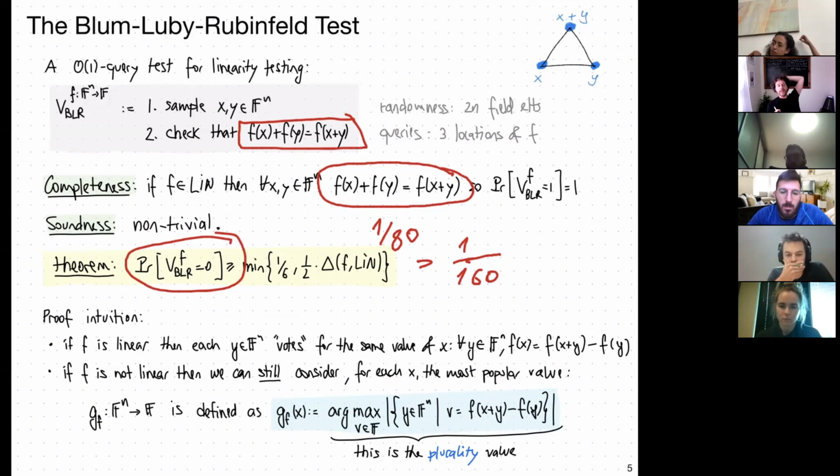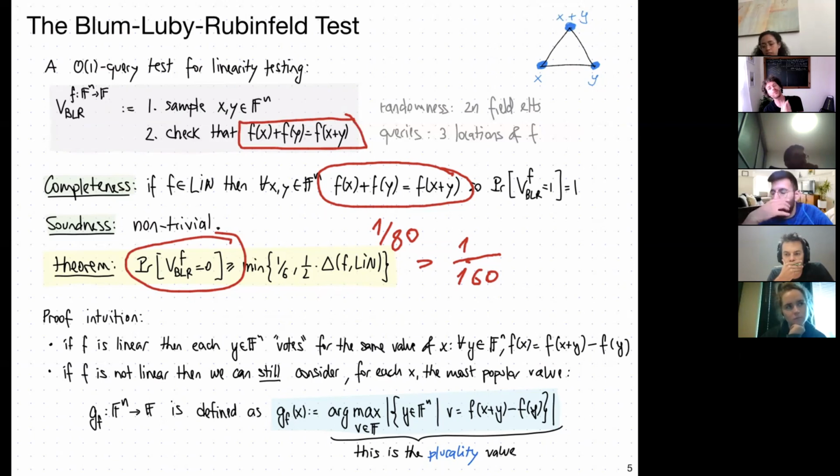So let me say how we can use this idea in order to prove the theorem that we want. First of all, notice that we want to show that the rejection probability is close to the distance from linear functions. But linear functions are a complex set, and it's hard to argue about it. What could make our life much easier in a technical sense is, instead of talking about all linear functions, let's just fix one linear function.